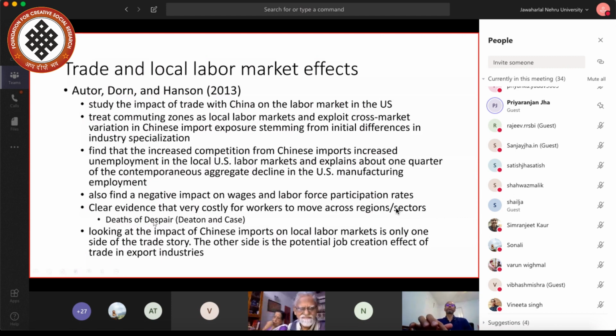I haven't read this book yet, but I've seen some reviews, so they talk about these issues connected to job losses.